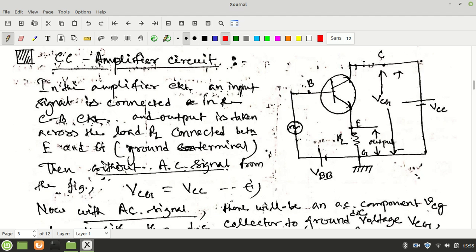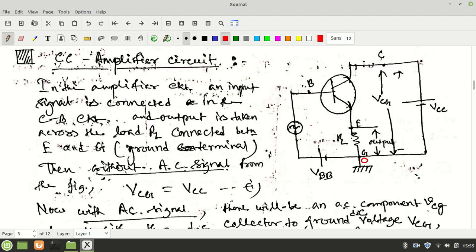See, this is looking like common emitter, no, but it is not, because there is a resistance connected from the emitter to ground. So the zero potential is not the emitter point, it is a different point. So this is not the common emitter connection. So what is this? We have to understand this first.